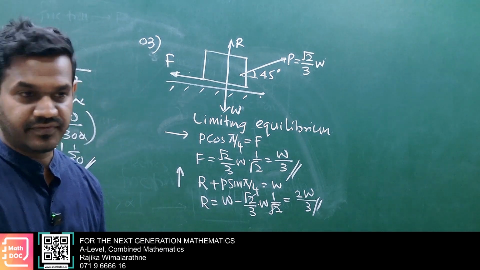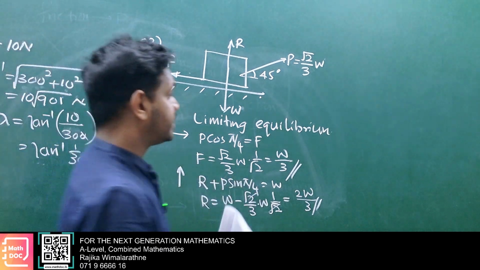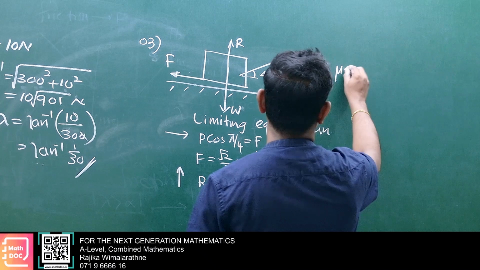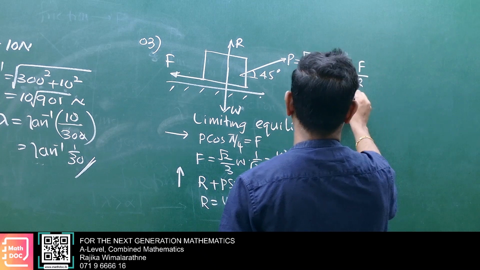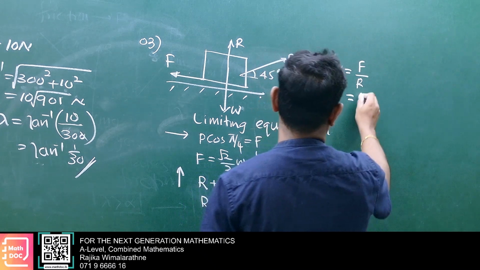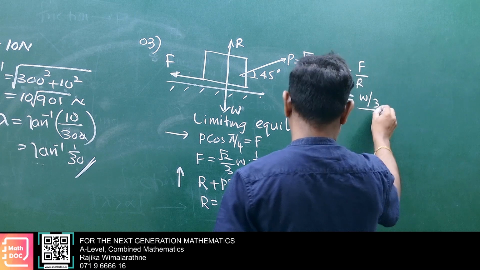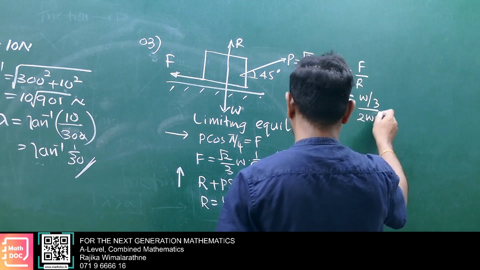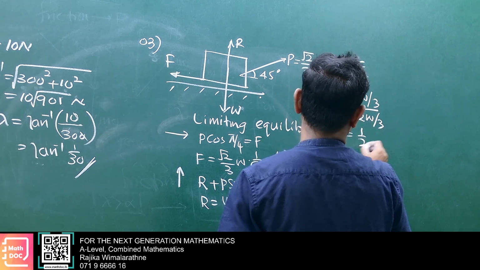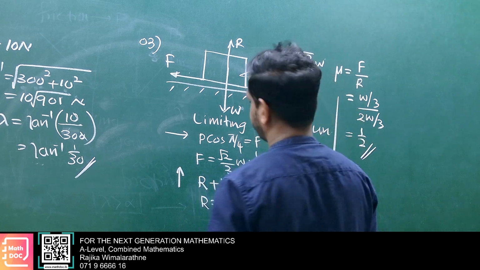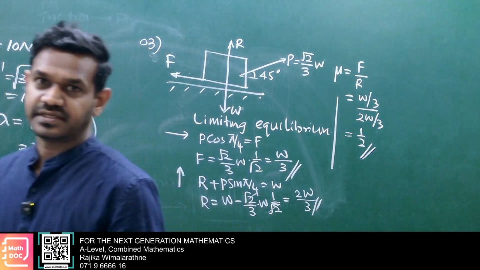So we can find the coefficient of friction. Mu equals F divided by R, with F being W over 3 and R being 2W divided by 3, so half is the coefficient of friction.